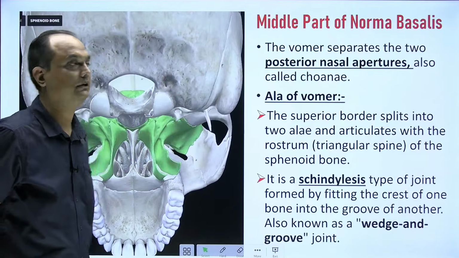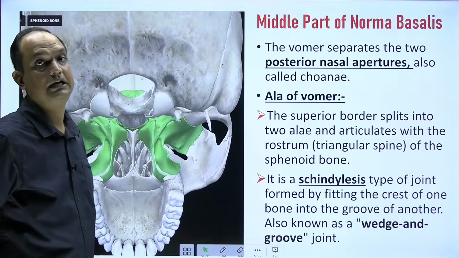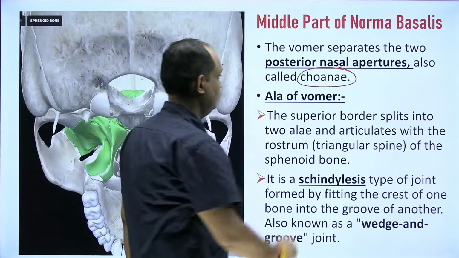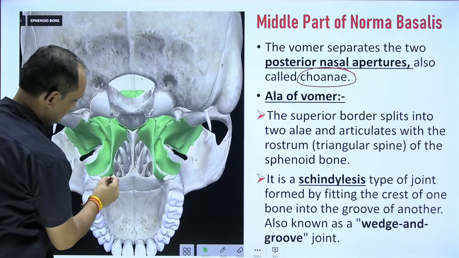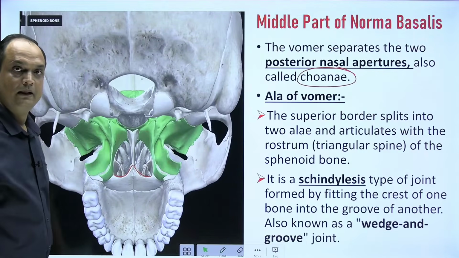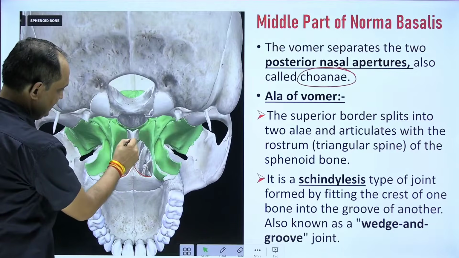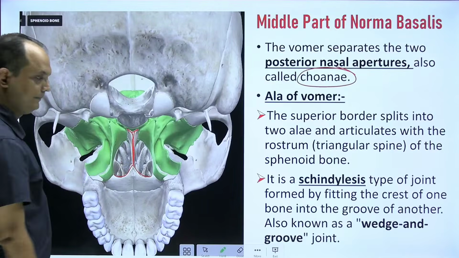Now the second important thing is that the vomer bone separates the two posterior nasal apertures, and these apertures are also known as choana. When you see the norma basalis, you can see this is your hard palate. On the upper part of the hard palate, you see a midline bone, the vomer bone, which has split areas in its upper part known as ala of the vomer bone.